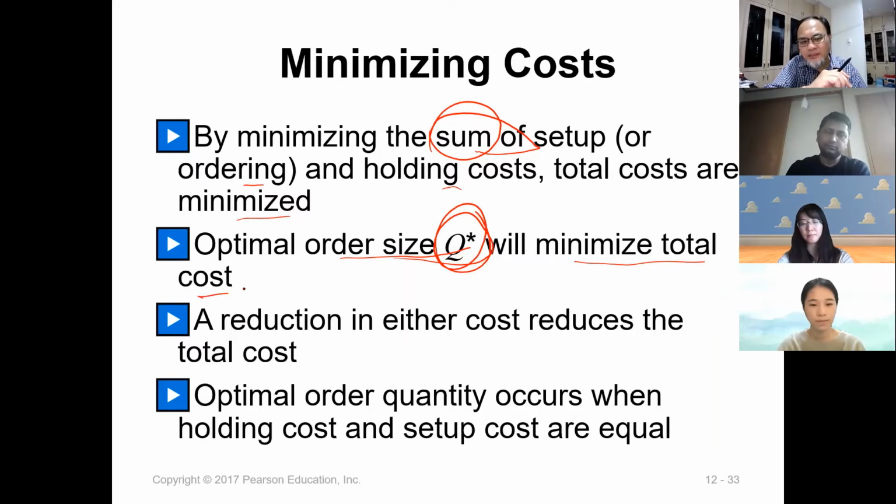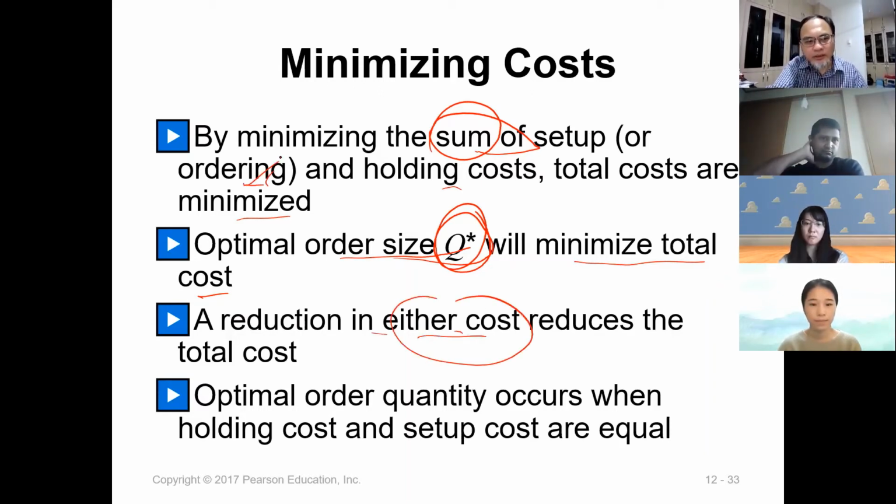A reduction in either cost, in ordering or in holding costs, will reduce the total cost. And optimal order quantity occurs when holding costs and setup costs are equal.